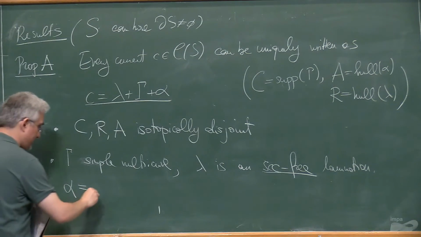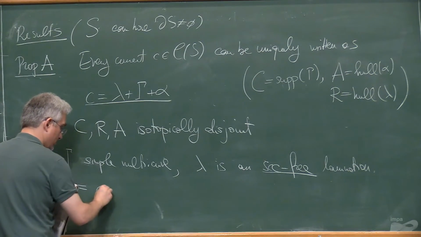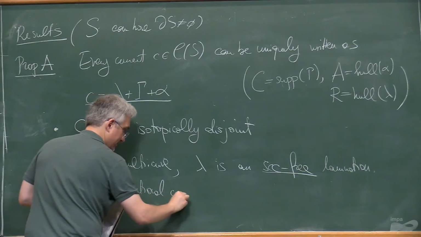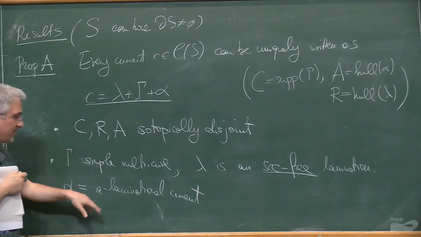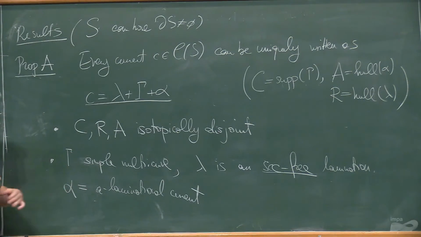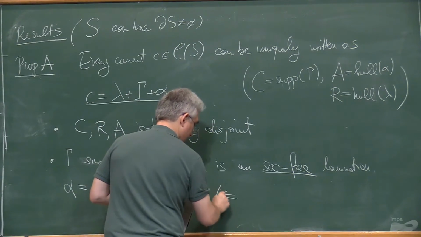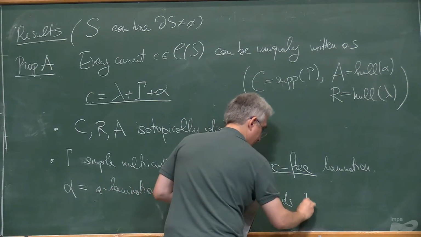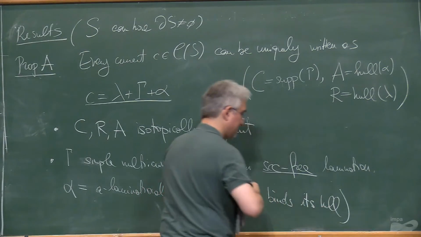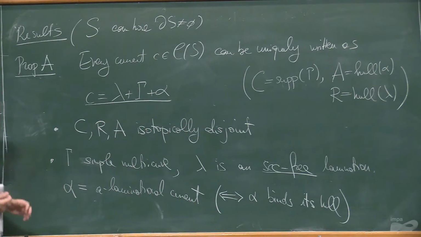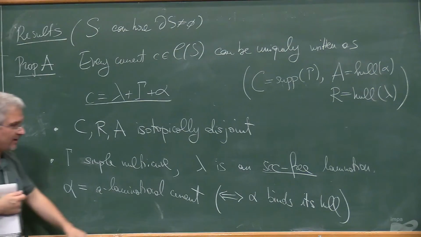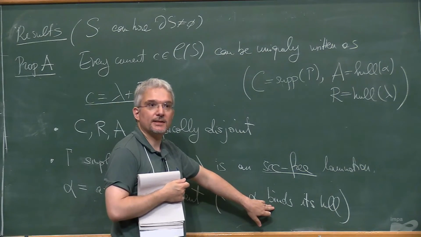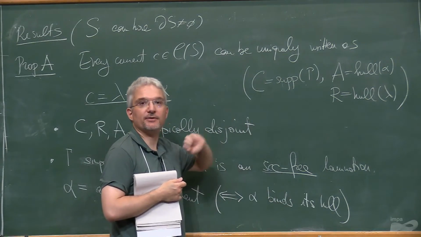is, we can describe it in two ways. One way is that this is an alaminational current, which means no connected component is a lamination. This is equivalent to saying that alpha binds its hull. So its hull is a subsurface that contains alpha, and binds means that alpha meets all geodesics inside this hull, which are non-peripheral.